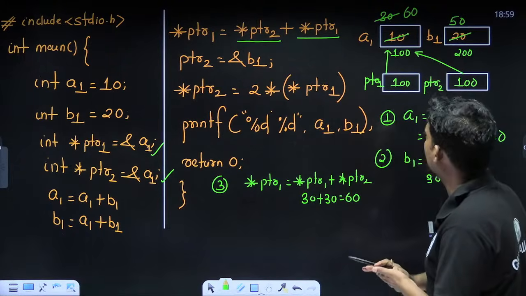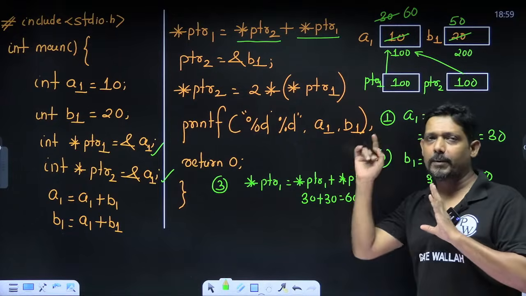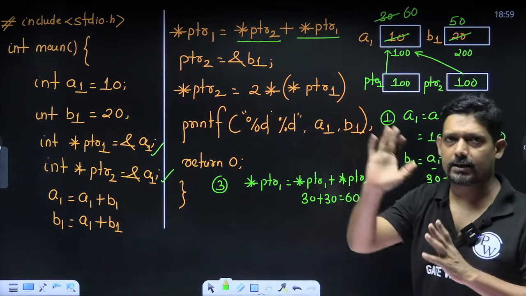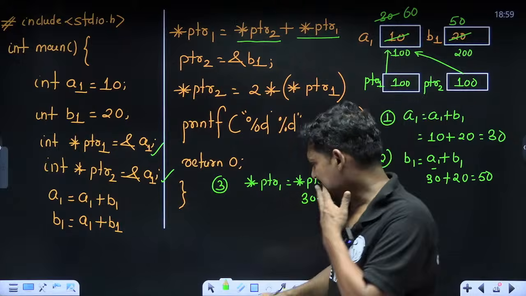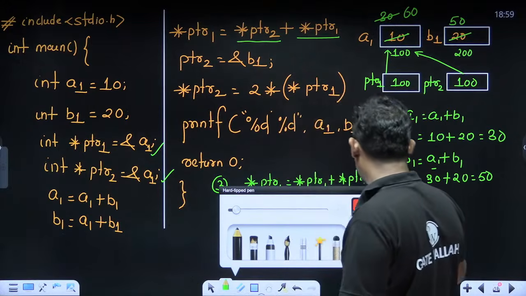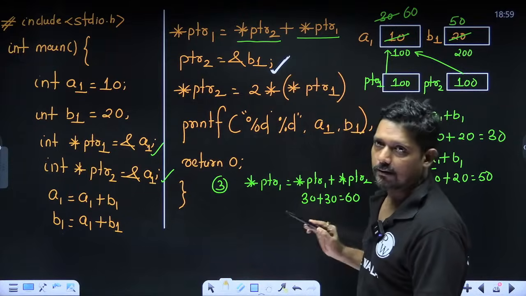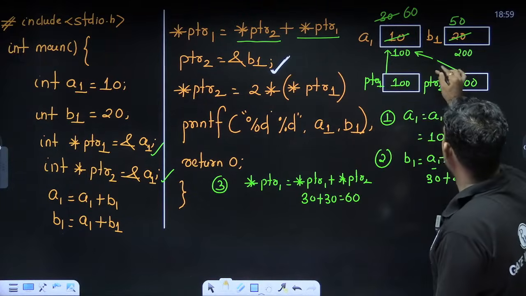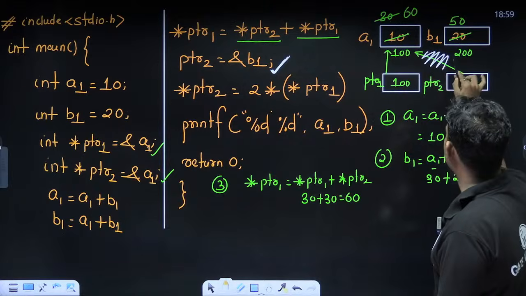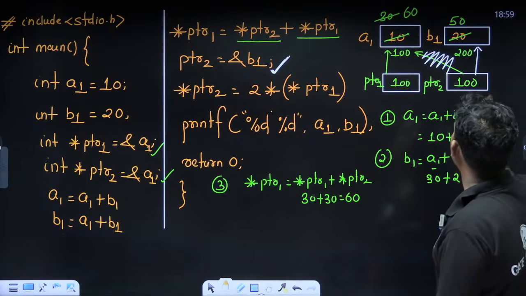Now something different happened in the next line. You tell me, because it's not a long question, but yes, for the first question it is a bit longer. Now the PTR2 is pointing to B1, okay, address of B1. So now this will be no longer valid and now it will point to B1 like this.